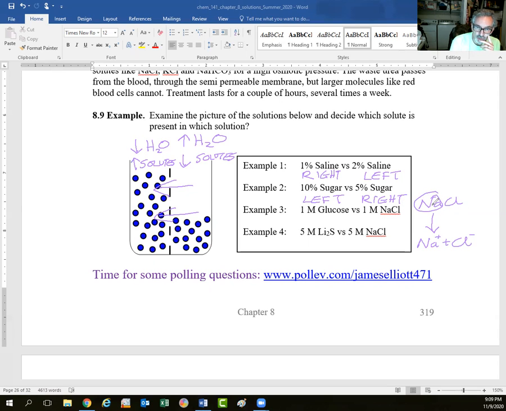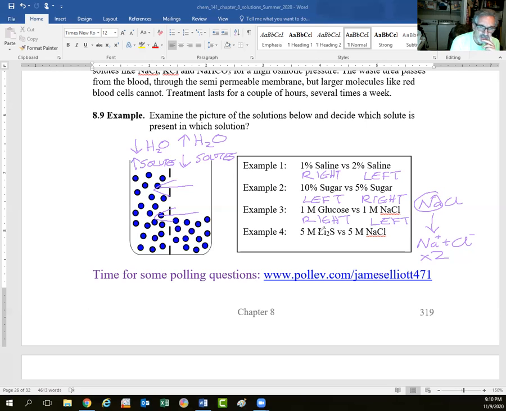And so for every mole of sodium chloride, there's 2 moles of sodium and chloride ions collectively. So that's the solution with a greater amount of solute. So the relatively low solute concentration was the glucose solution. That must have been the solution on the right, while the sodium chloride was on the left.